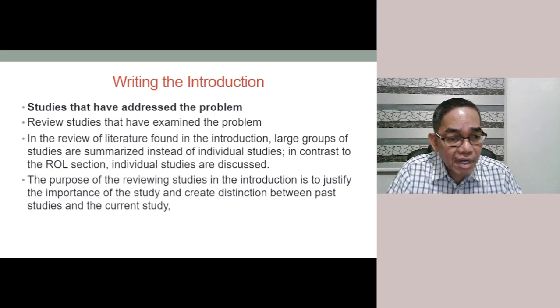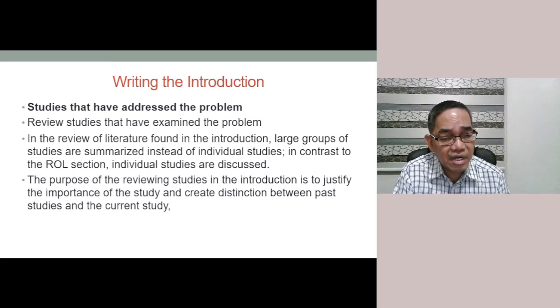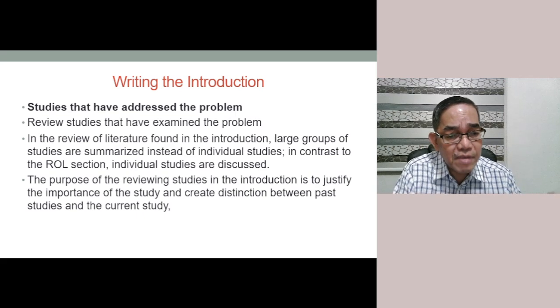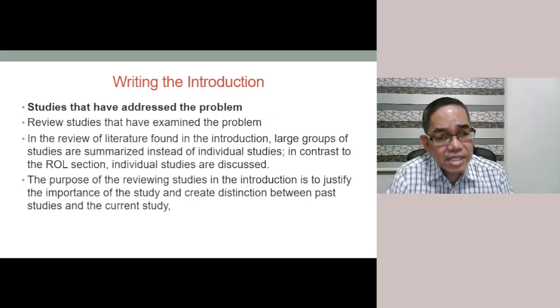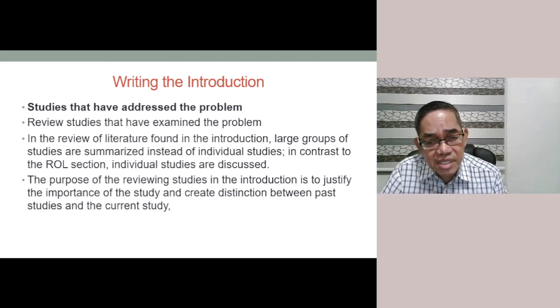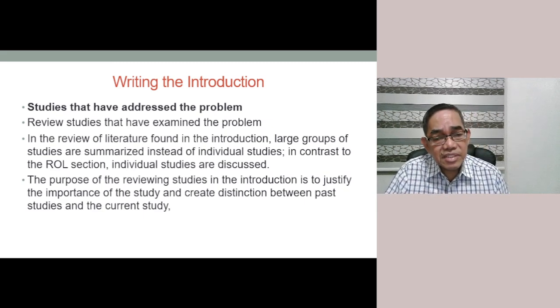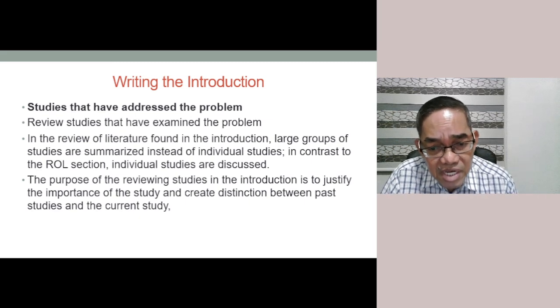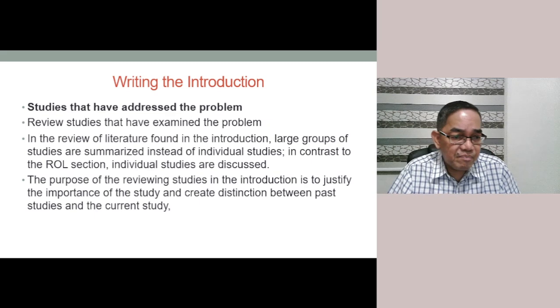In contrast, in the ROL section, we still have an ROL section, especially if we are talking of a proposal, individual studies are discussed. And the purpose of reviewing studies in the introduction is to justify the importance of the study and create distinction between past studies and your current study.